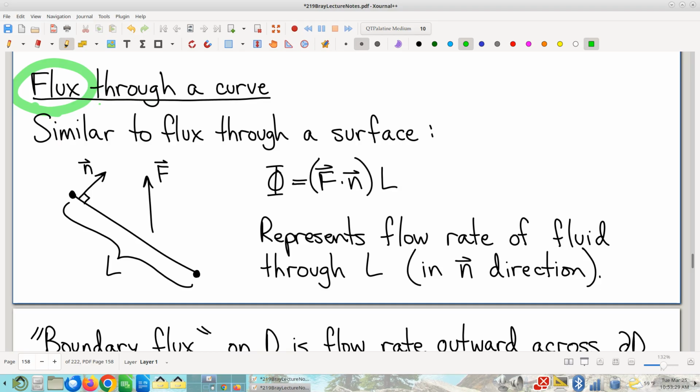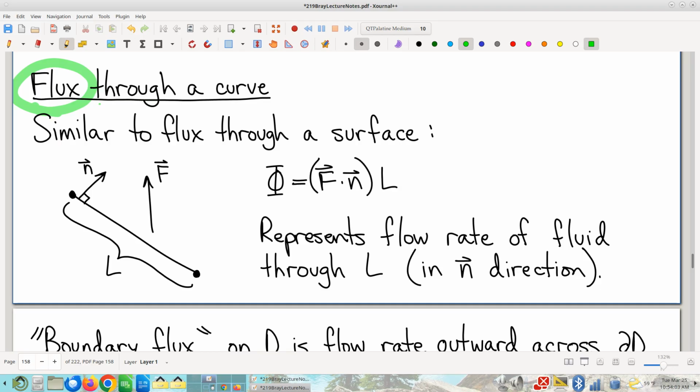And so likewise, you might ask, for example, if I know a formula describing how the zebras are migrating, and if I have a line, maybe that's part of a national boundary or the boundary of a national park or some sort of reserve, you'd like to know how many zebras per unit time are crossing into the reserve or out of the reserve or what have you.